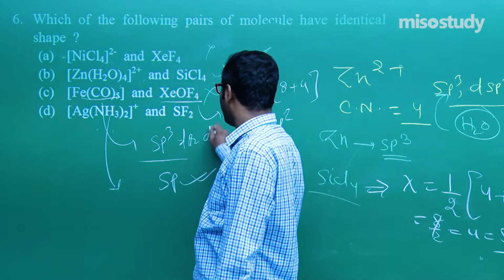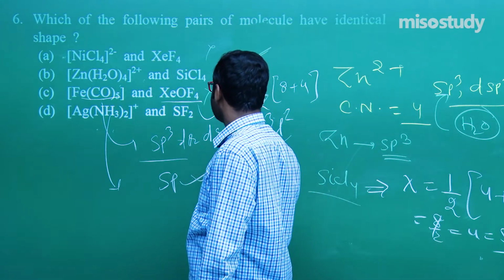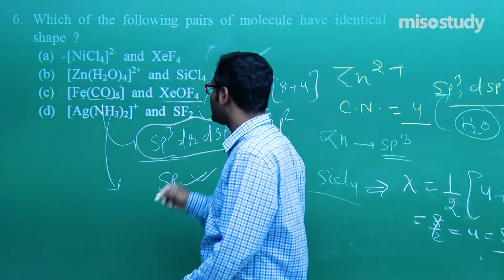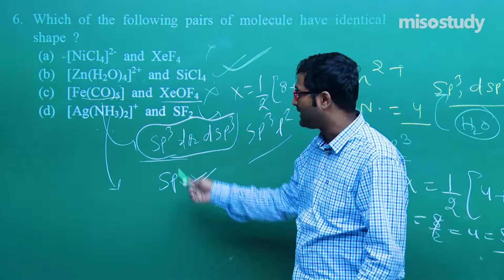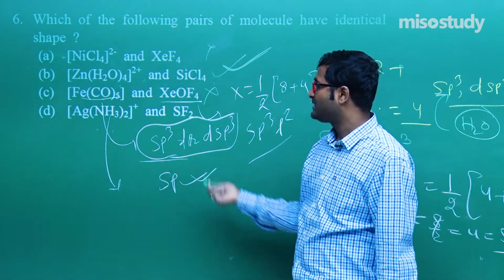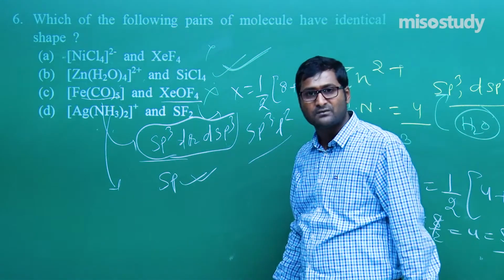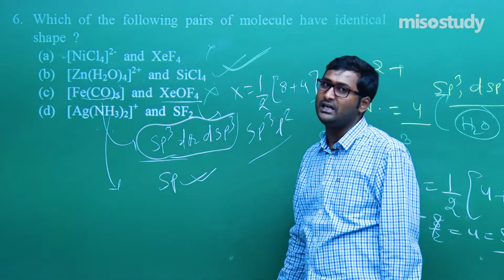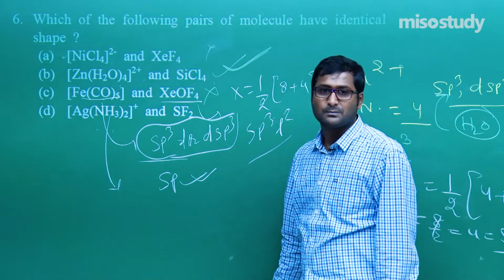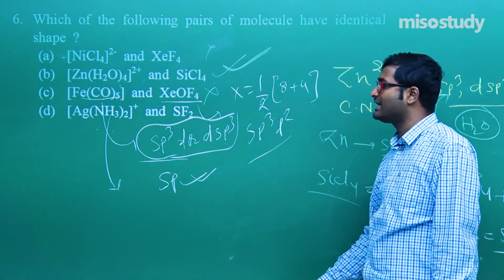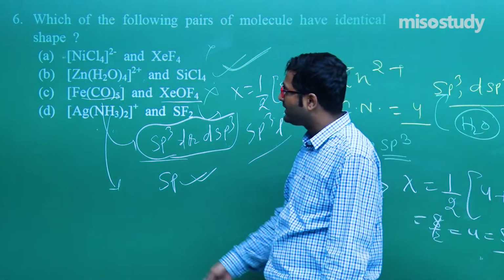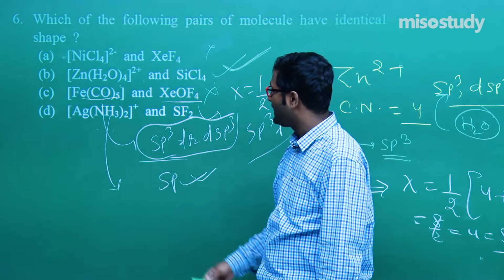In this case, we write sp3d or dsp3. According to the ligand strength, we write inner orbital complex and outer orbital complex. And lump sum, for Fe(CO)5, if the coordination number is 5, it will form either sp3d or dsp3. Clear to you? But if I talk about XeOF4, the hybridization is sp3d2. If I talk about Ag(NH3)2, the hybridization is sp.